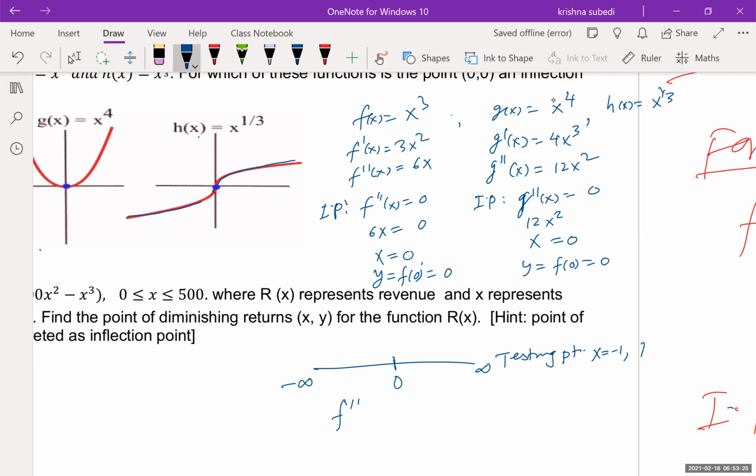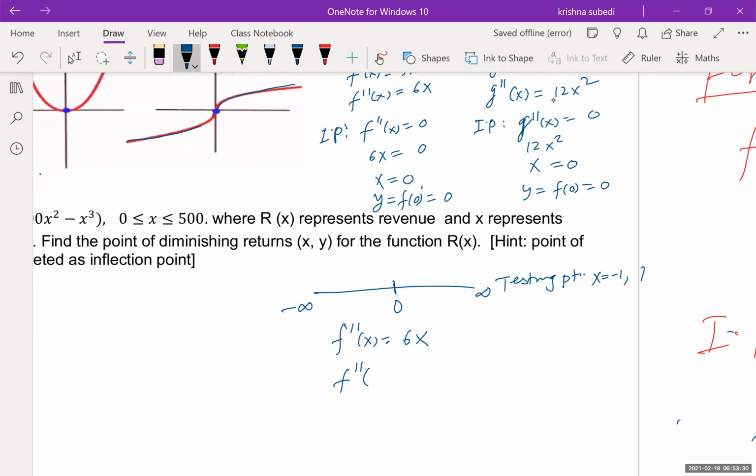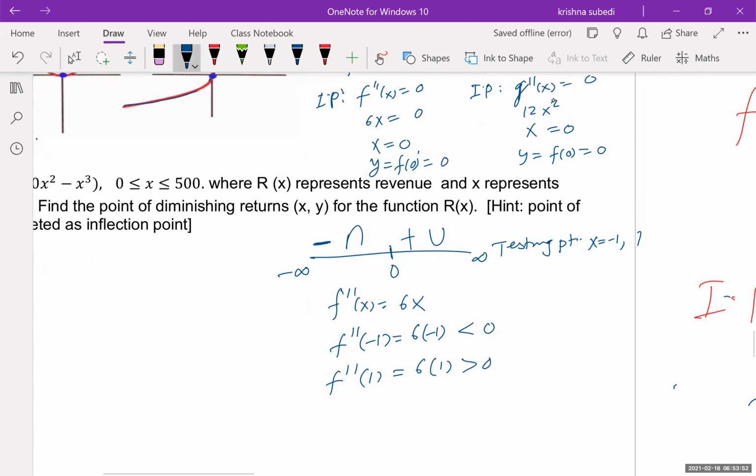Your second derivative is 6x. When you put in -1, you get -6, which is negative, so this side is concave down. When you plug in 1, you get 6 times 1, which is positive, meaning concave up. Since the concavity changes, x equals 0 and y equals 0 is an inflection point.